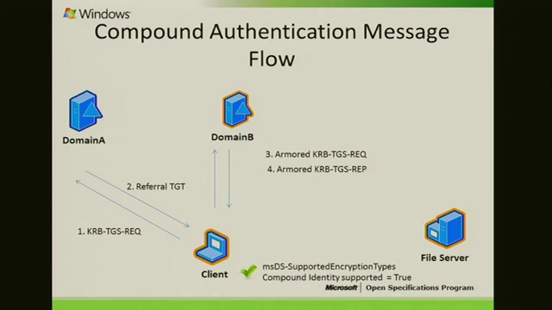And the client is going to look at the E-types. And actually, I probably should have called this out. This isn't technically the MSDS supported E-types, but in our implementation, what would happen is on domain B, the contents of this is put in the E-type support bit that the client gets, right?